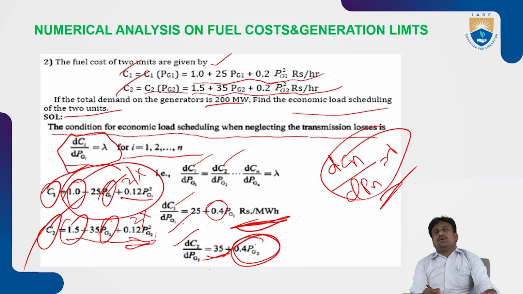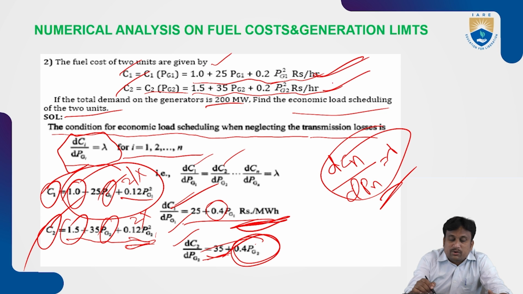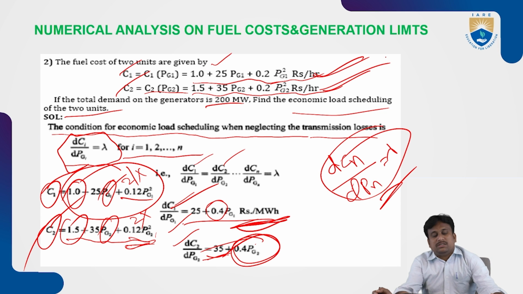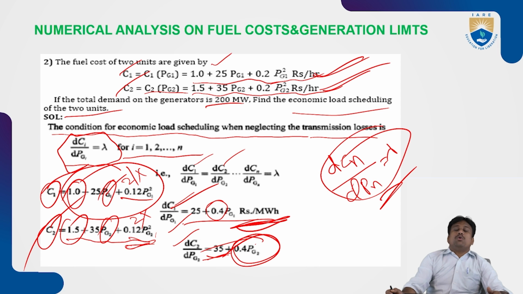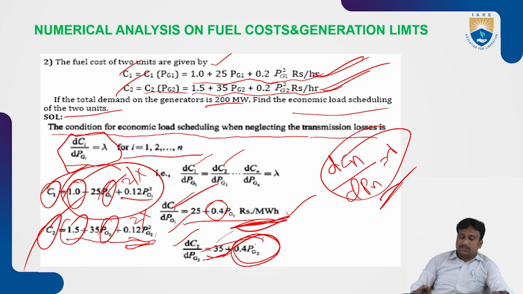So these are the two expressions you obtain when you differentiate these two expressions with respect to the condition of economic load scheduling when neglecting the transmission losses. So dC1 by dPG1 equals 25 plus 0.24 PG1, and dC2 by dPG2 equals 35 plus 0.24 PG2.